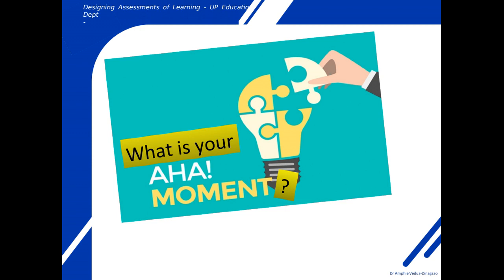Then you also have to explain why your task and your rubric are effective. Next week, what I'm going to ask you is related to this one, but you're going to present the unit plan and then your assessment.